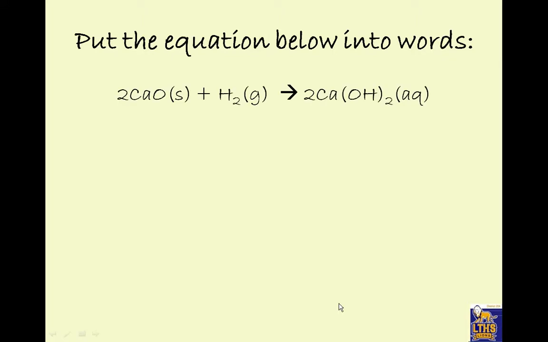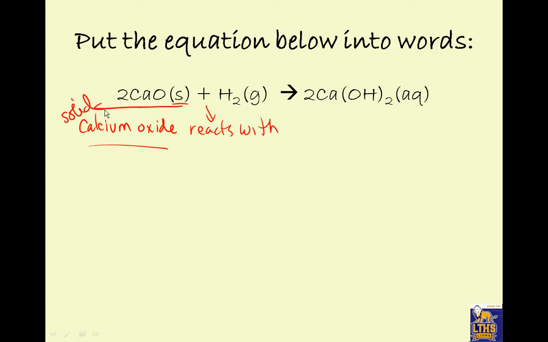All right, so hey, we can translate now. We can put this into words. So this is saying that calcium oxide, I should say solid calcium oxide, reacts with, that's the plus sign, hydrogen gas. Why don't I call that anything else but hydrogen gas?